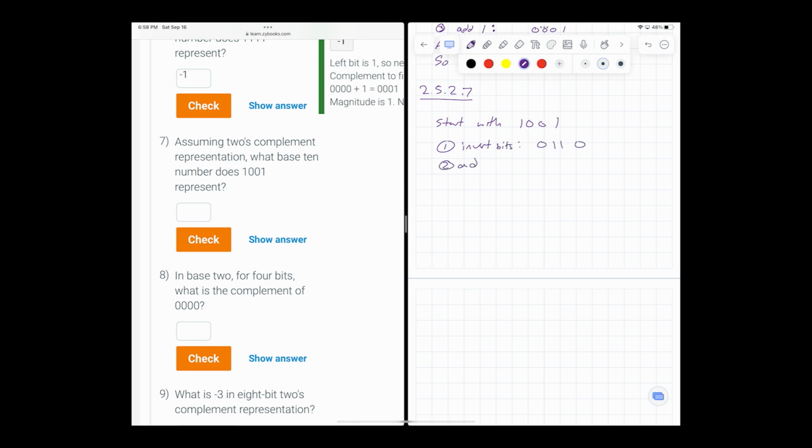We're going to add 1. Again, this is going to be easy, so just 0111 is what we'll get. So that we get this number. That number is 7. That's 7 in decimal. So the original 1001 must be -7. Okay, so that's the logic that we're applying here. So this must be -7.